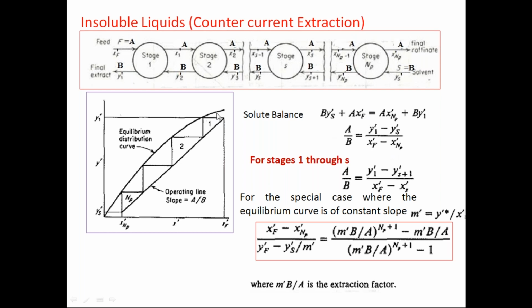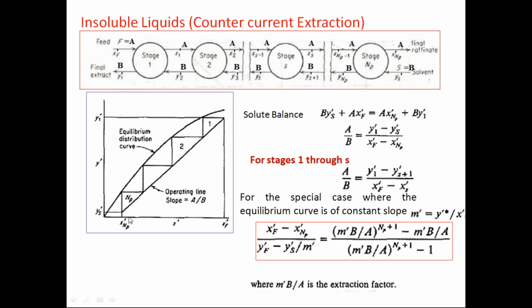So between these points, y1 prime and x prime is one point, and ys prime and xn prime is another point. Then you have a line with the slope of A by B. Then you can find the number of stages as you do for a continuous distillation column. This is the operating line, this is the equilibrium line, and in between you can draw the stages.